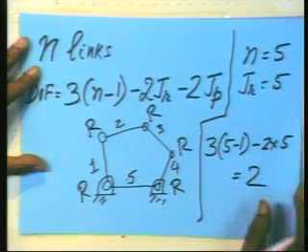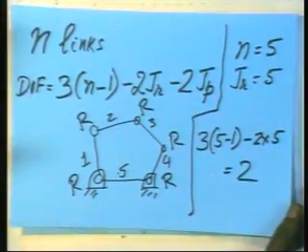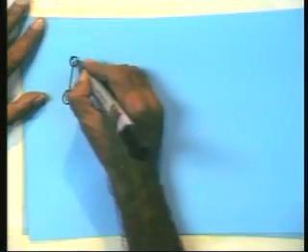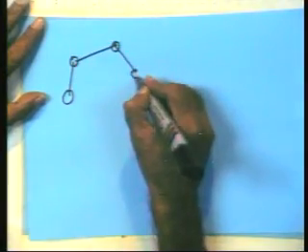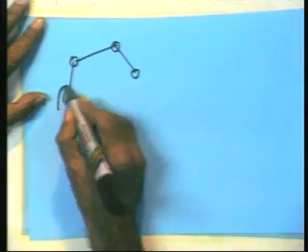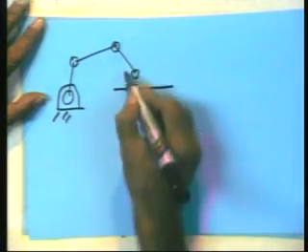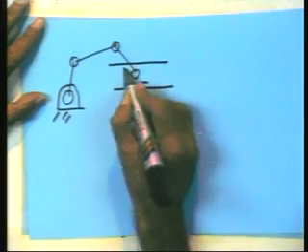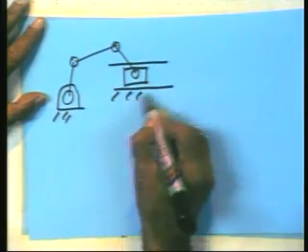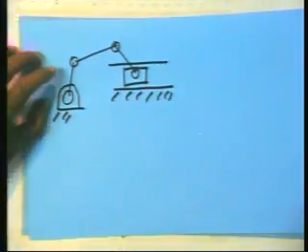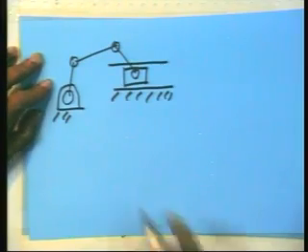I could also have one with prismatic joints. I will show that just for the sake of the number of links.